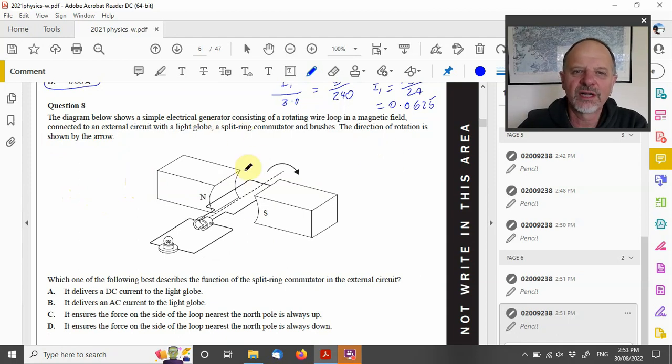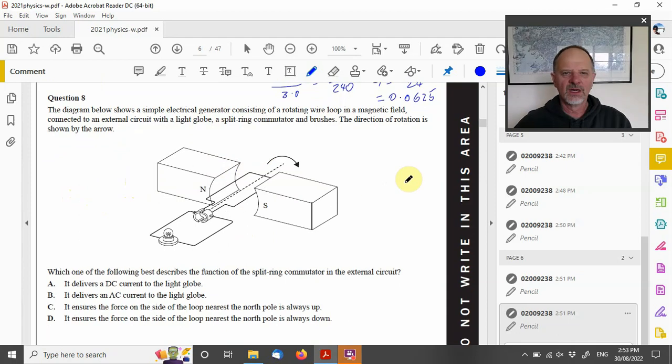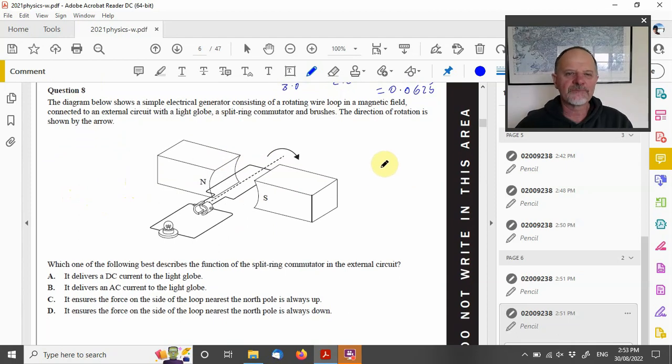The direction of rotation is shown. Which of the following best describes the function of the split ring commutator? All we're interested in is the split ring commutator. There it is in the diagram, and what its purpose is.